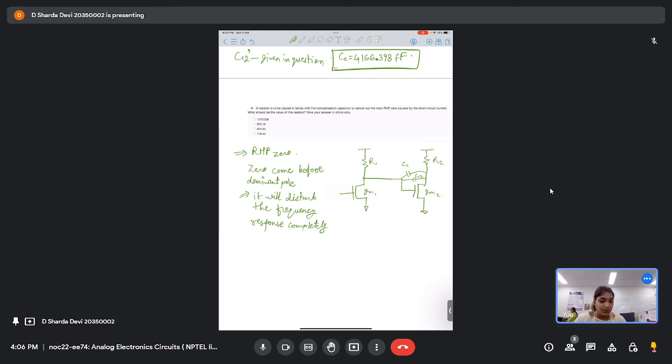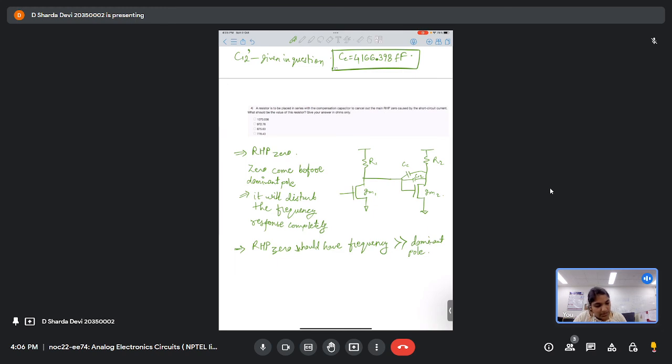Then what we want is that the 0 that appears, that is the RHP 0, should have a frequency much higher than the dominant pole. If that is the case, then it will not disturb our system.